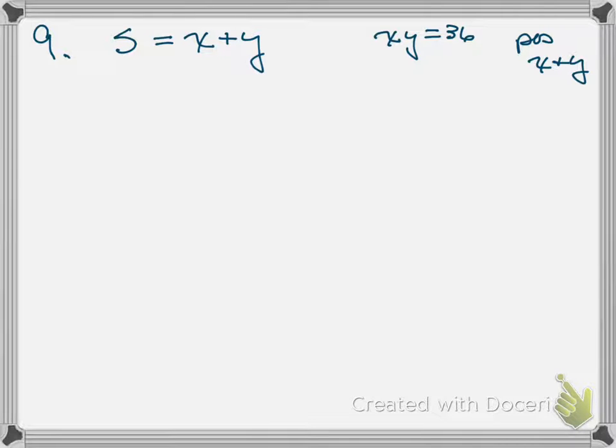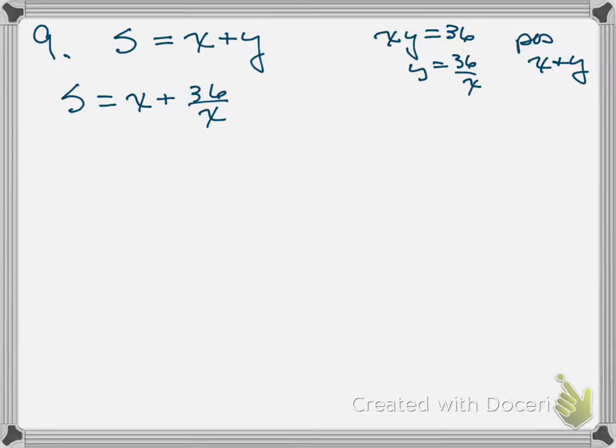Okay, so same procedure. So my s is going to be x plus, so I'm saying y equals 36 over x. So if y equals 36 over x, I can replace the y so that now I have everything in terms of x.